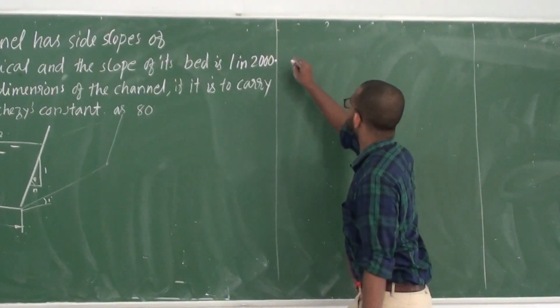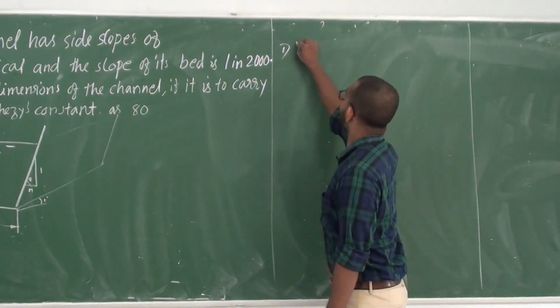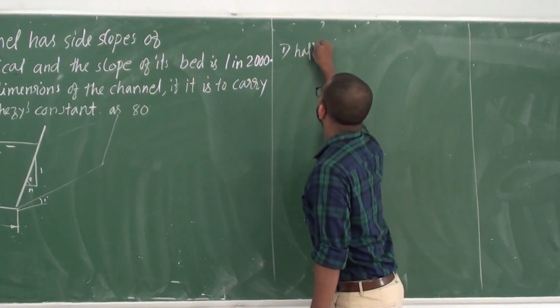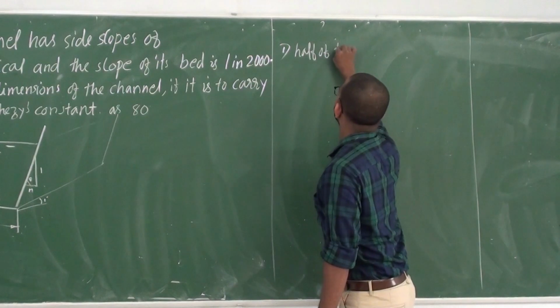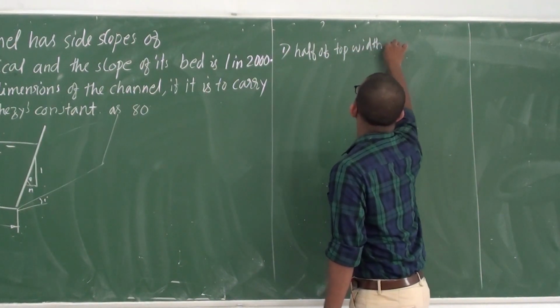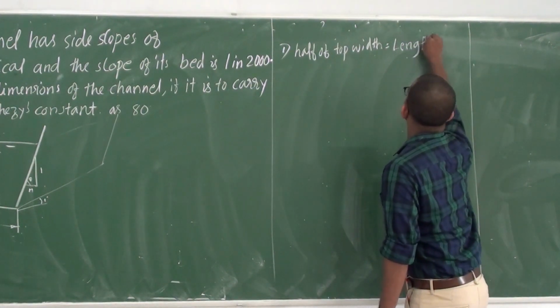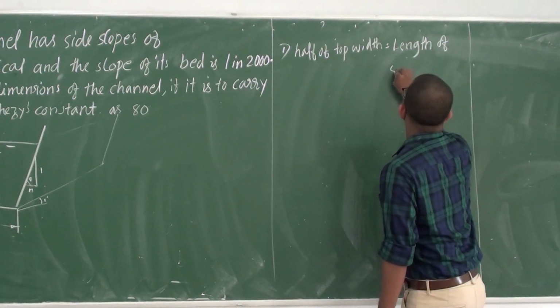So, what are the conditions for the channel to be the most economic one? The first condition was half of top width is equal to length of side slope.